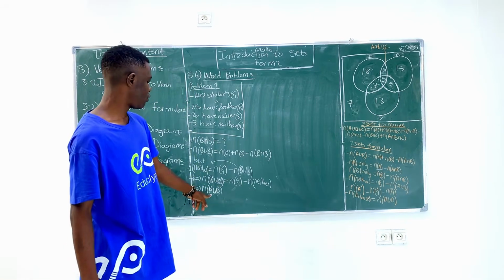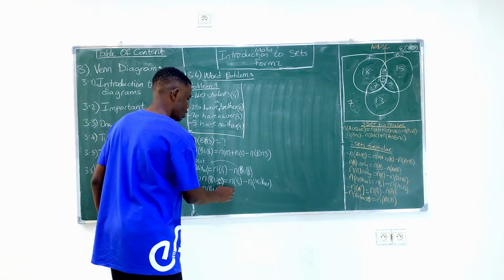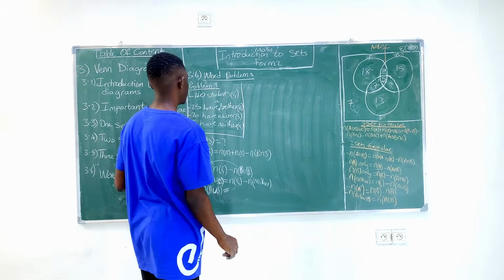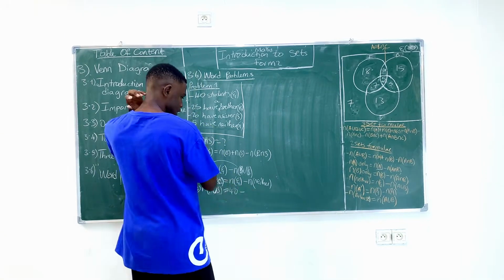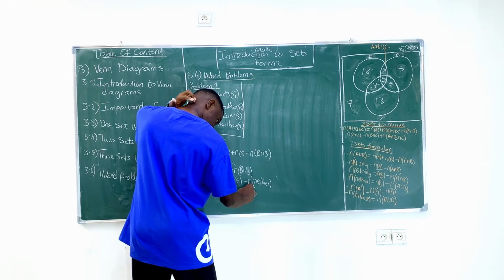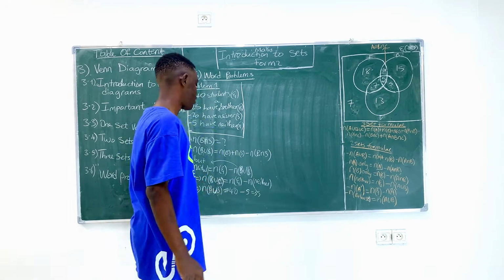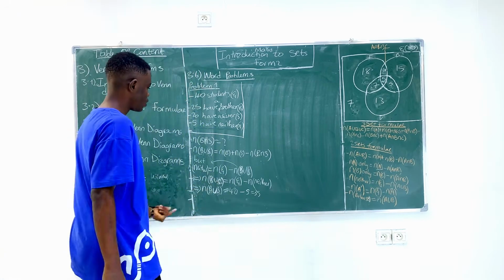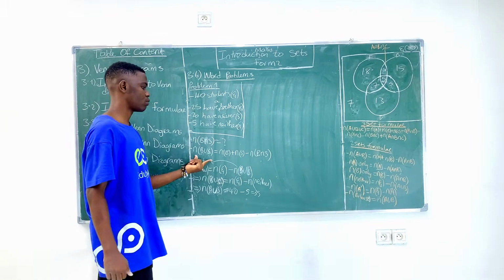So n of B union S, what is it going to be? Your sample space 40 minus n of neither, which is 5. This equals 35. So n of B union S is 35. You already found your 35. Now you can put it here and find your answer.